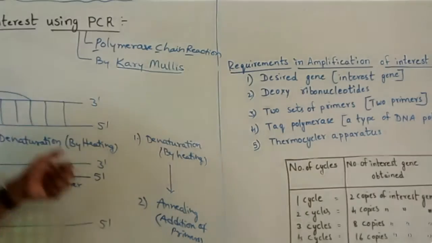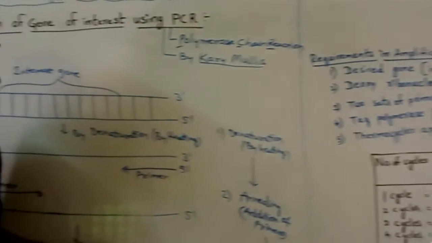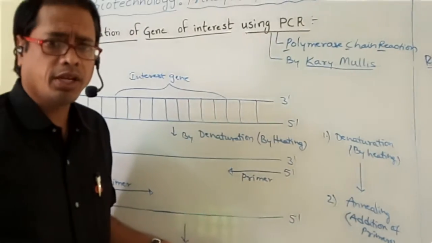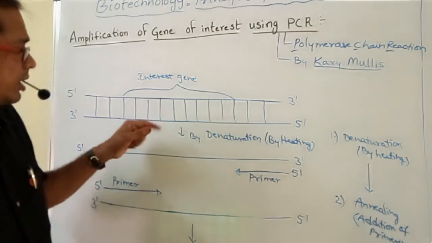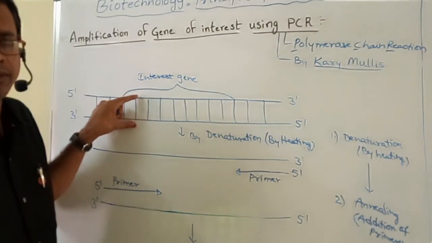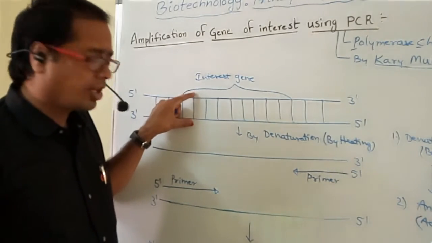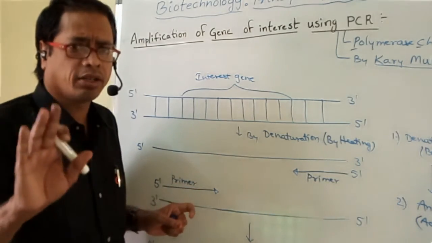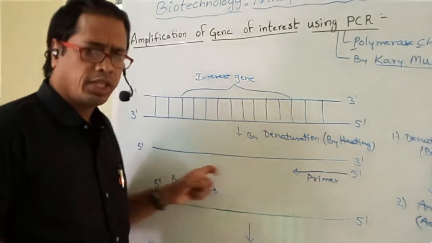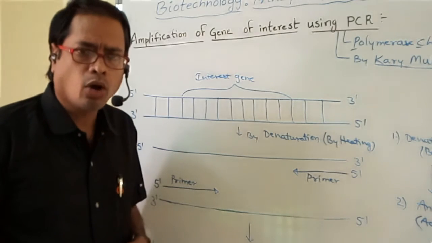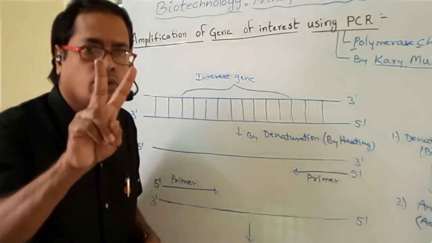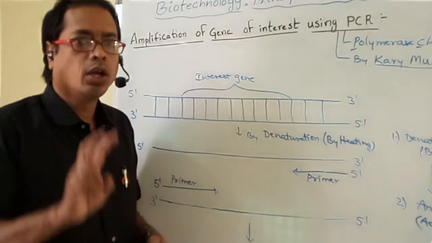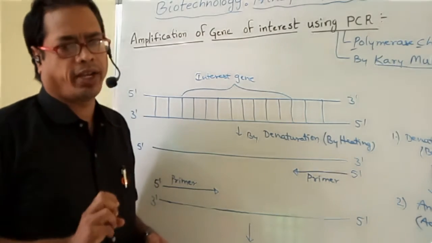What are used in this amplification of interest gene? We require desired gene, and we require 2 sets of primers, not 1 set. This is 1 primer, this is 1 primer. Total how many sets of primers? 2 sets of primers are required, or 2 primers are required.